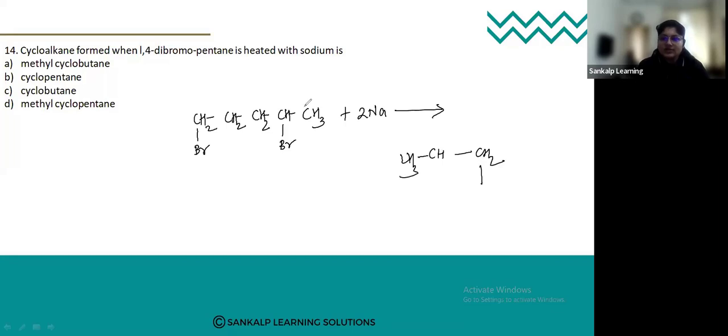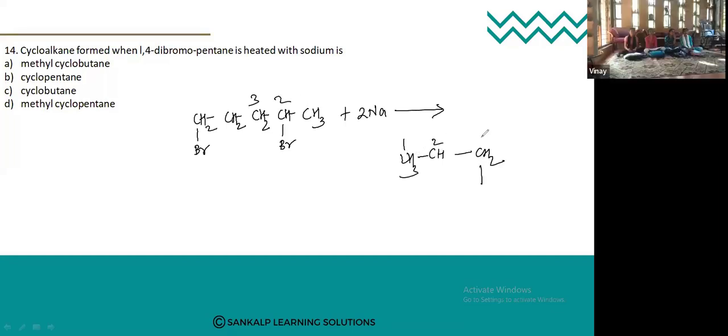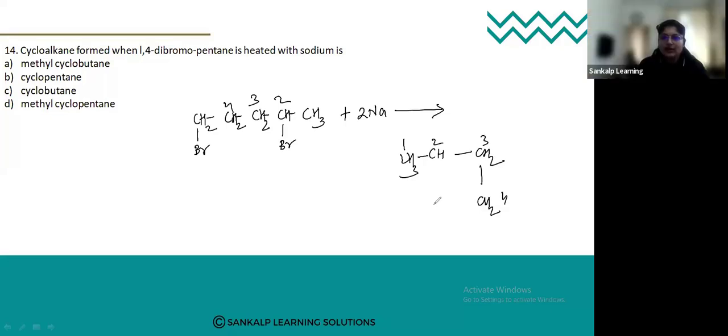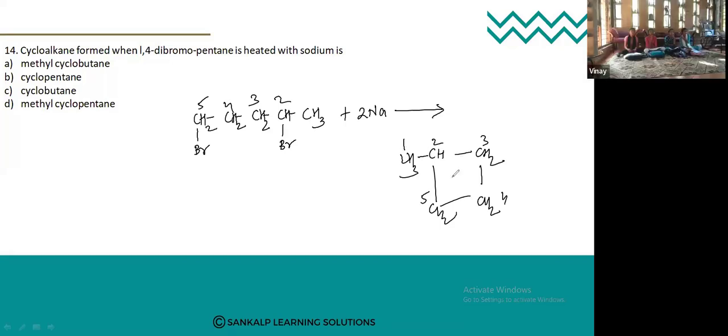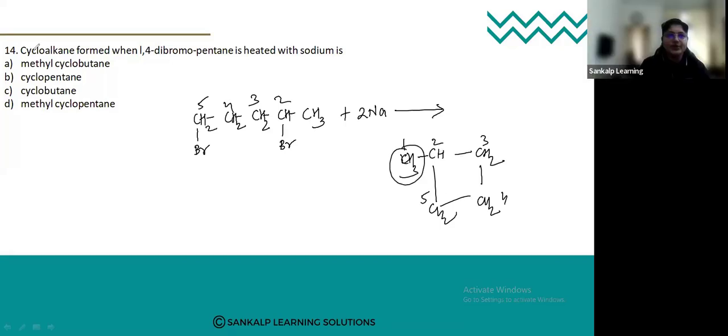This is the first carbon, 2, 3, then this is 4, and CH2, like this. So what is the name of the compound? It is cyclobutane. So option number A.